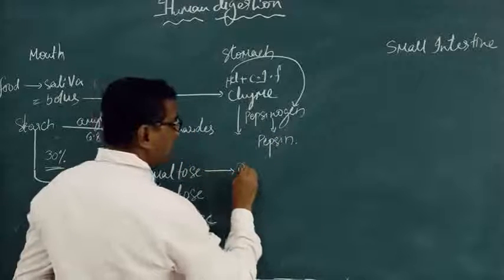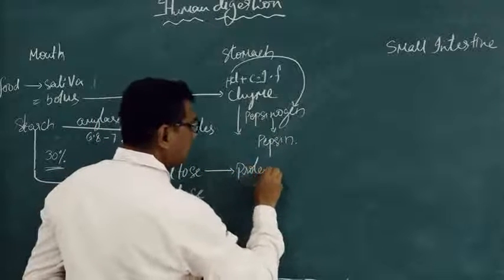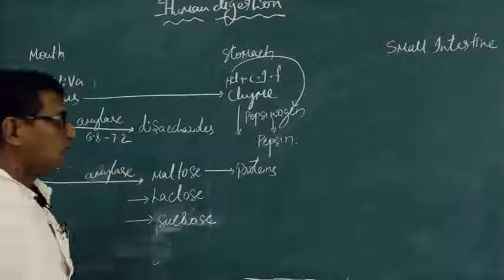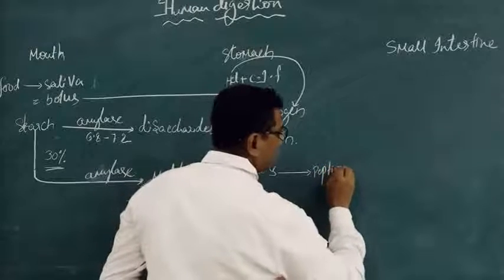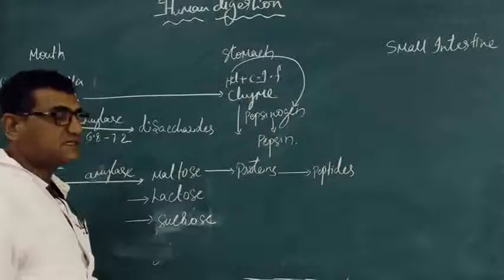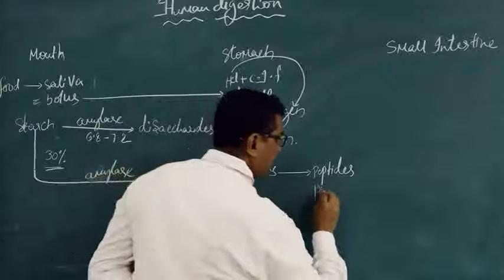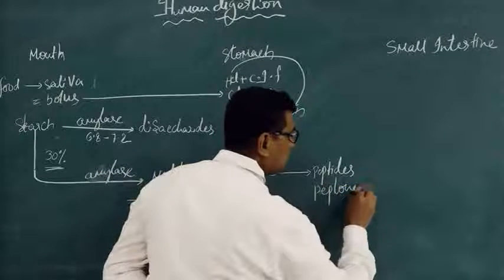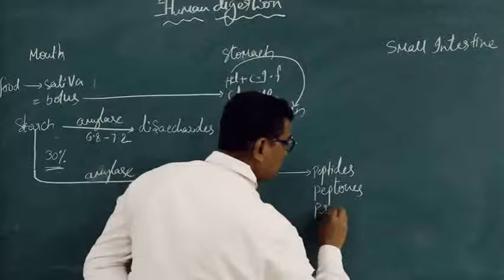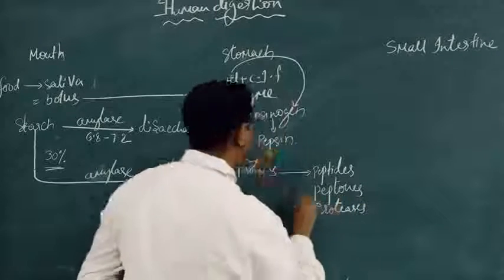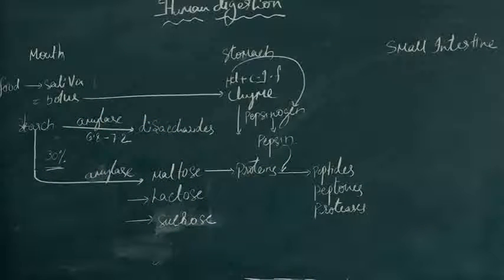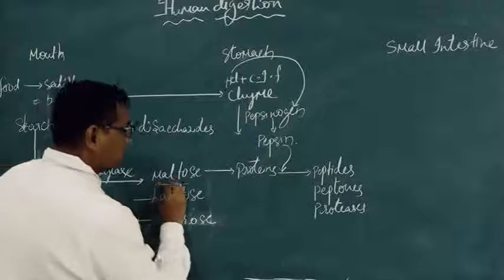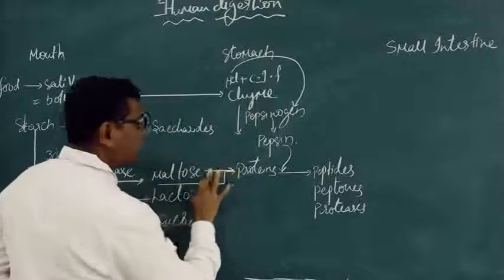This pepsin acts on the proteins present in the food for the first time, and they are converted into peptides, peptones, and proteases by the action of pepsin on proteins. So the proteins also enter along with the food.